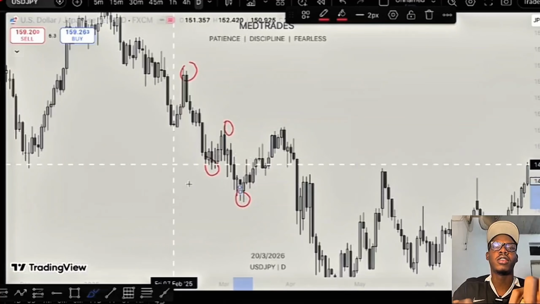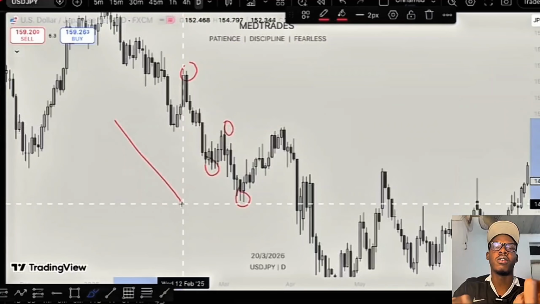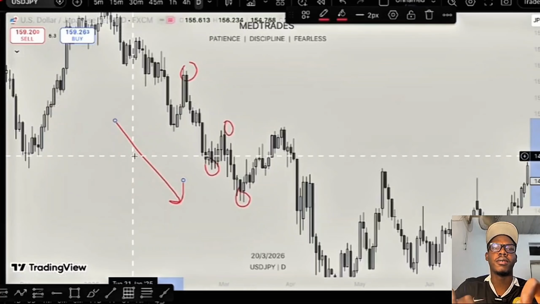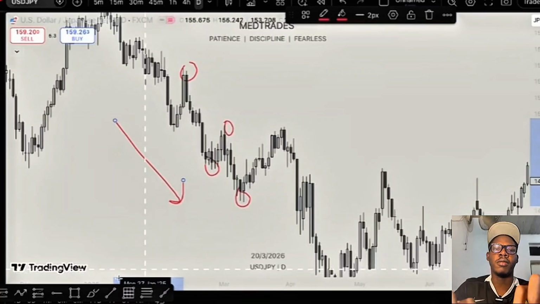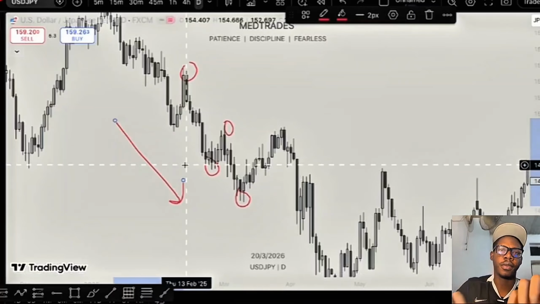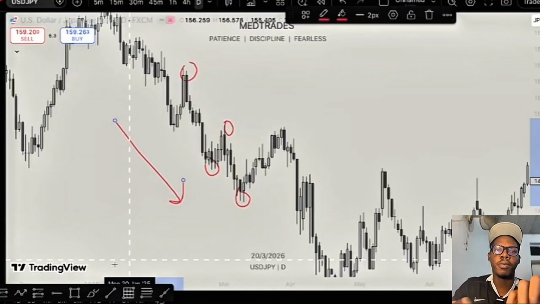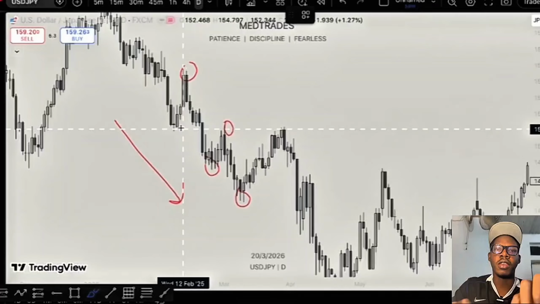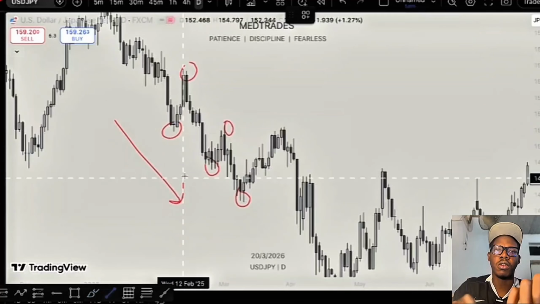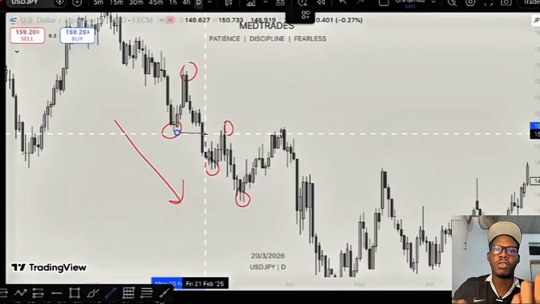This simply means that we are bearish, right? When we're saying that a break of structure represents a continuation of a trend, you can see immediately price came here to take out this lower low. Automatically this becomes a break of structure.